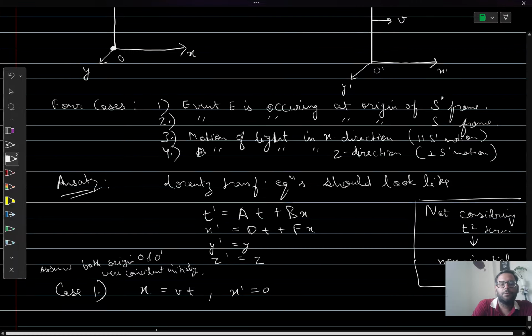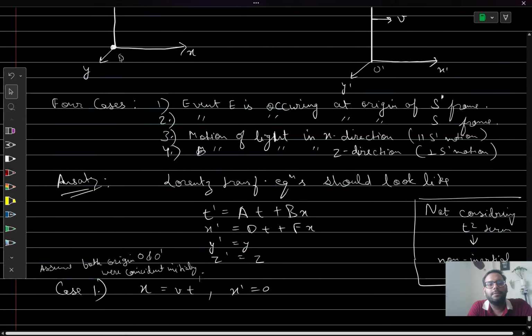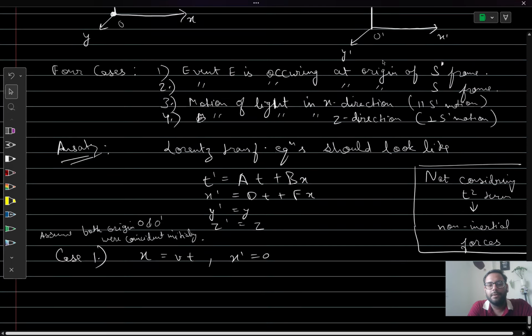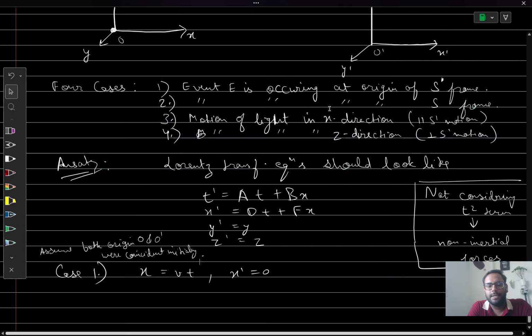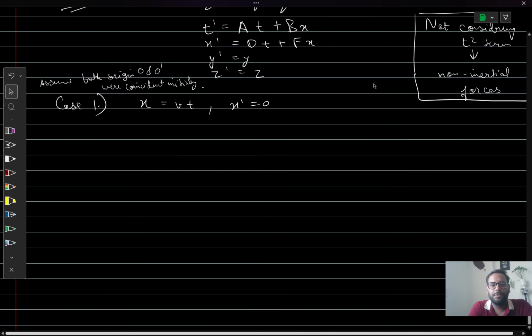So after time t, the S prime frame will move towards the right. So the x coordinate will be vt, and in the S prime frame, the x prime coordinate will be 0. So it is simple.